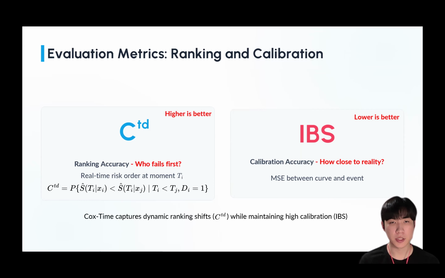Second, IBS measures calibration accuracy. It calculates the mean squared error between the predicted curve and the actual outcome. A lower IBS means the predicted probability is mathematically closer to reality.